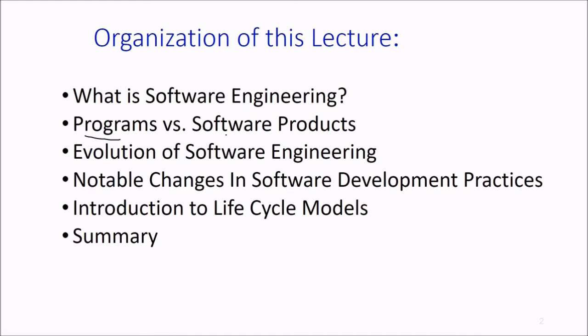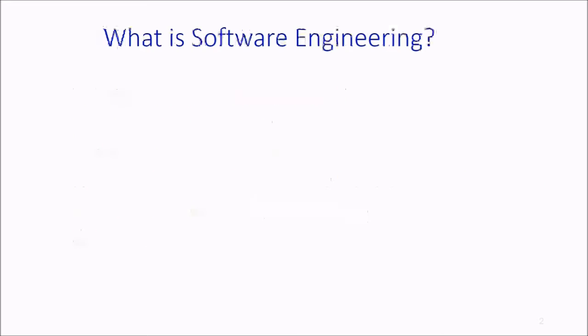What is the difference between a program and a software? Then some discussion on the evolution of software engineering, notable changes in software development practices from earlier times till now, and then an introduction to life cycle models, followed by a summary.